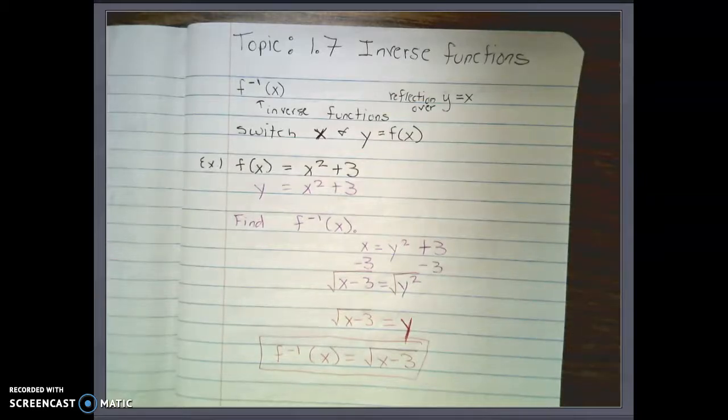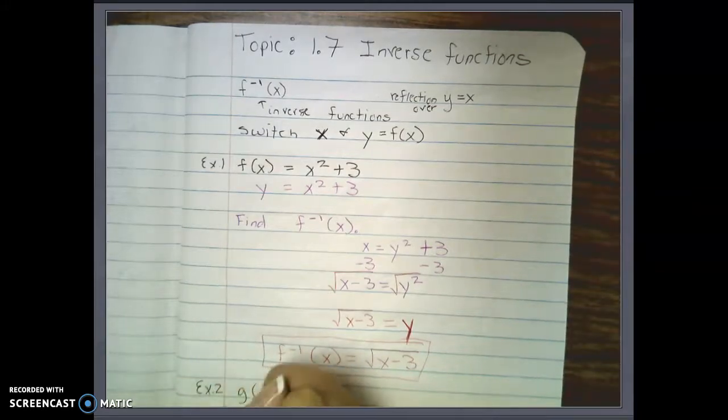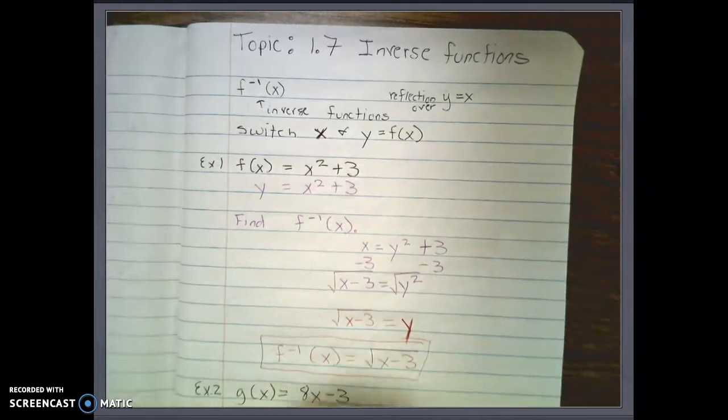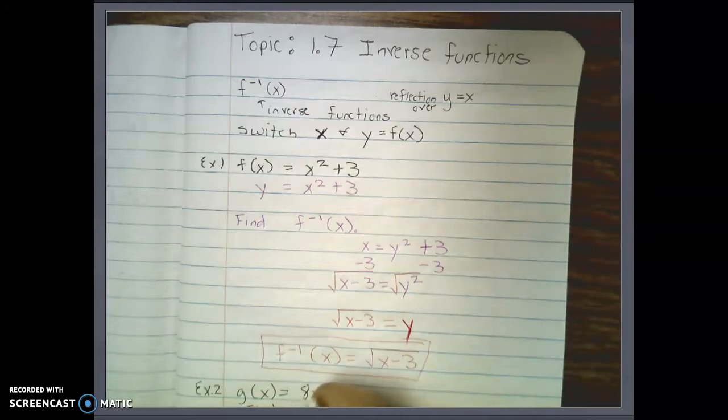Okay? So let's try it again with another function. Let's call this example 2, and let's call this function g of x. We're going to say g of x is 8x minus 3, and it's telling us to find the inverse of g.